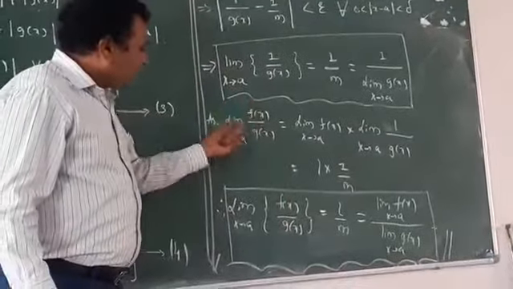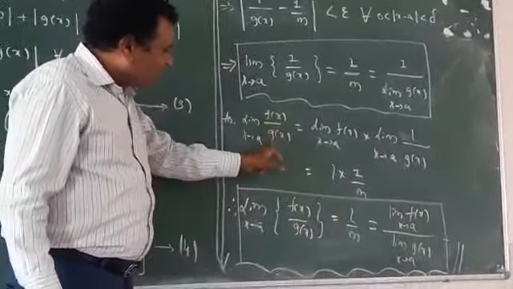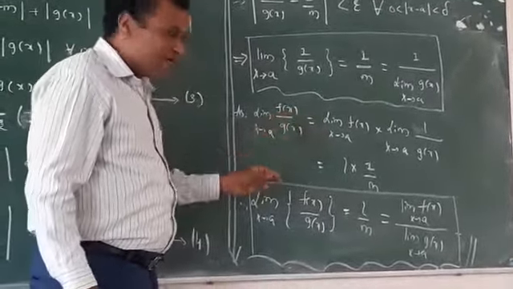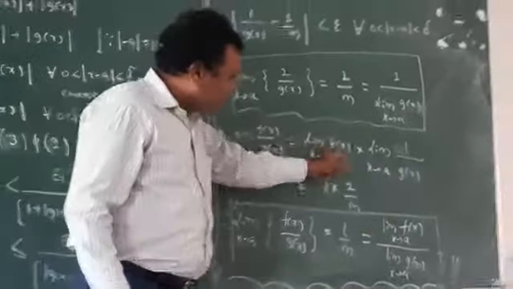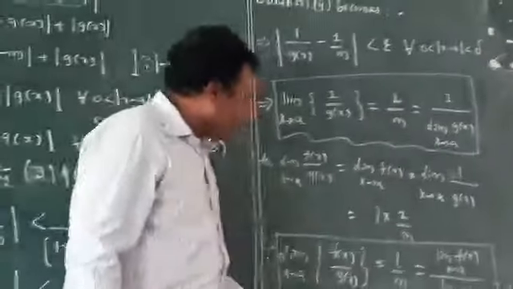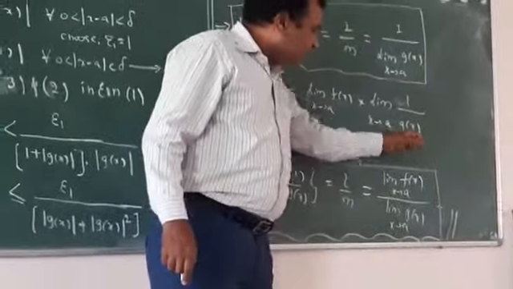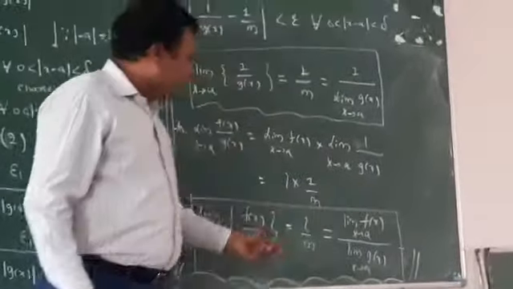For the second one, limit of f of x by g of x as x tends to a can be written as, separating the numerator and denominator, limit of f of x as x tends to a into limit of 1 divided by g of x as x tends to a.